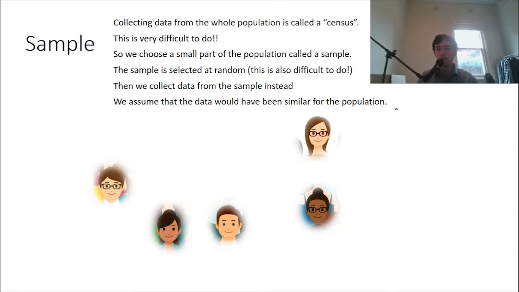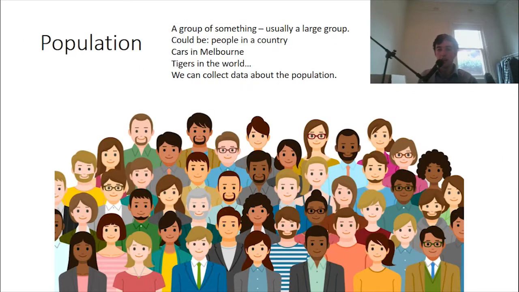By the way, let's do a quick test here. How many people have glasses? 3 people out of 5 have glasses. How many people in the population have glasses? 1, 2, 3, 4, 5, 6, 7.